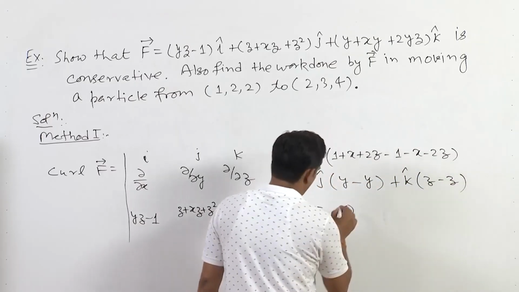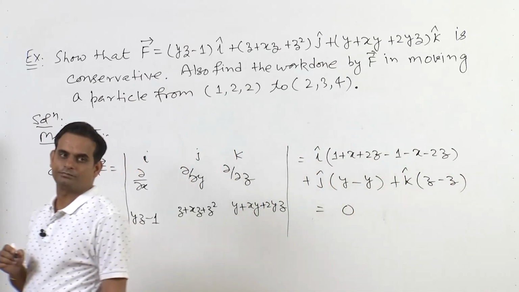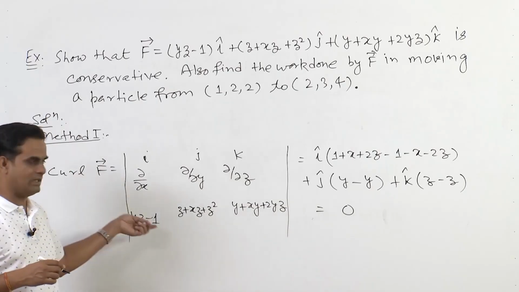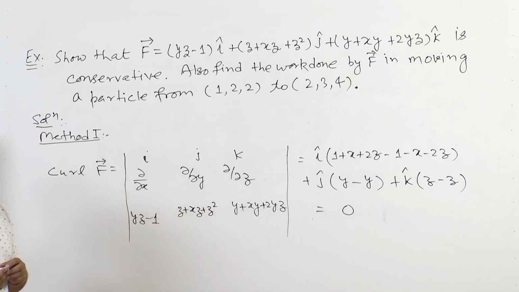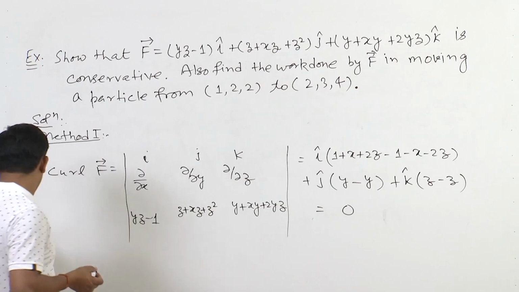So, it comes out to be 0. So, curl of F is 0. So, F is a conservative vector field.